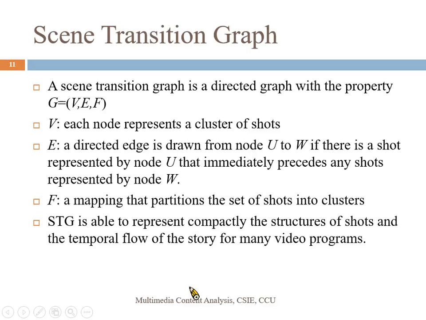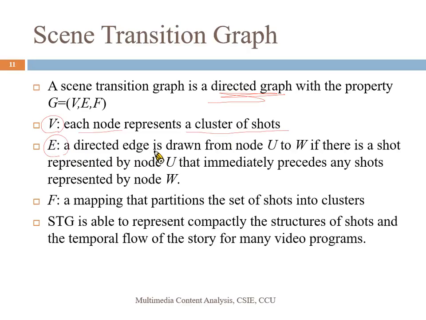So right now we have already clustered visually similar and temporally adjacent video shots together. The next step for us to detect a scene change is to construct a scene transition graph. A scene transition graph is a directed graph with the property V, E, F, where V is the set of nodes. Each node represents a cluster.